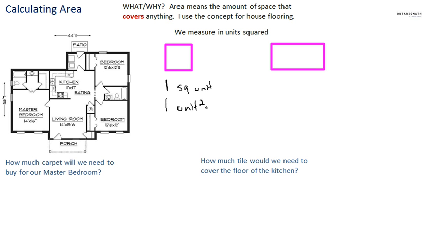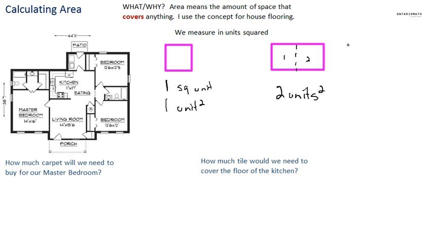It also means squared. If we take a look at this rectangle here, if we break it down, you could split it up into 2 squares. So this is actually 2 units squared. And I'm just going to write the 2 this time because you know that this little 2 at the top corner also means the word squared.